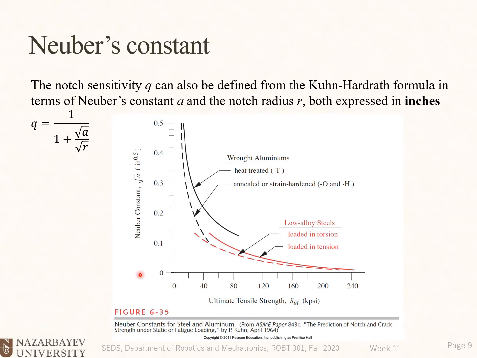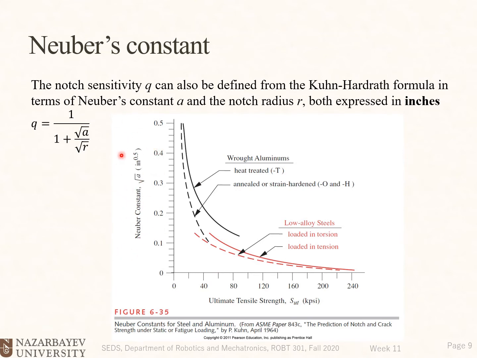So in this graph, you will see for steel and aluminum, for different types of steel and aluminums, how the Neuber constant is a function of ultimate tensile strength. Okay, so once we know what the material is and what the ultimate tensile strength is, then we could find the Neuber constant.